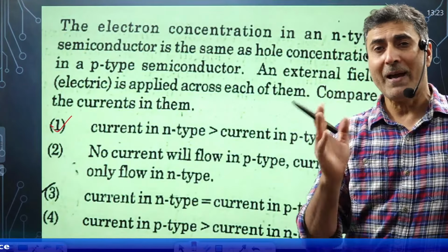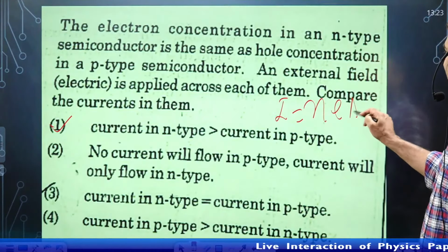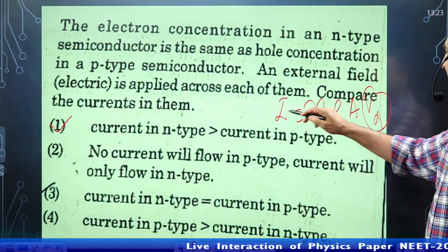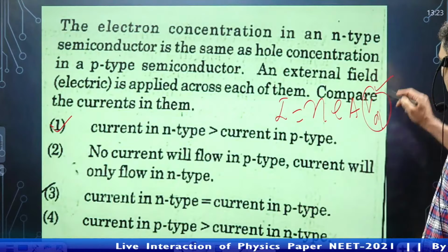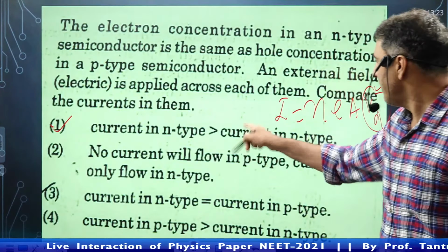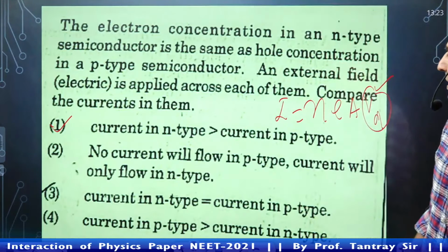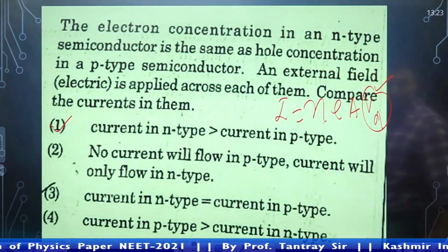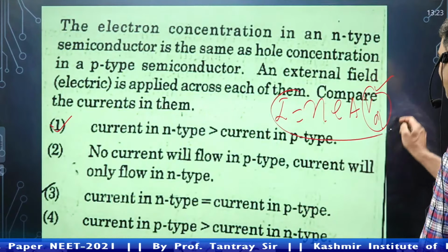When you apply an electric field, its drift velocity becomes more. So current, as you know, is n e A v_d. Because electron has more mobility, this is more. So I think this must be the answer: current in n-type is greater than current in p-type.